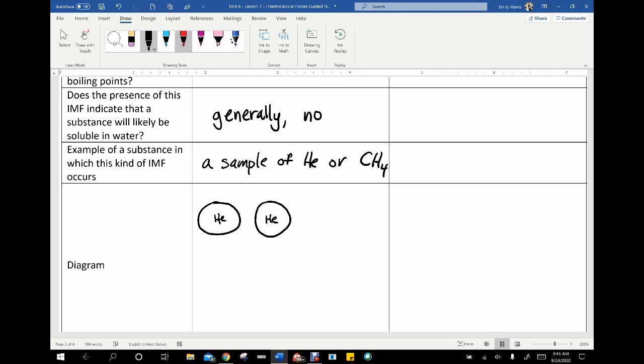Now what can happen is one of the helium atoms can temporarily shift its electrons toward one side. What this does is makes this side of the helium atom more negative. Now, we know that opposites attract, so what the other helium atom will do in response is shift its electrons to the other side, and that creates a more positive side right near the negative side of the first helium. And so this creates a temporary London dispersion force attraction.